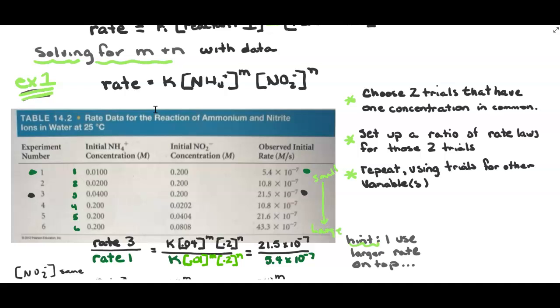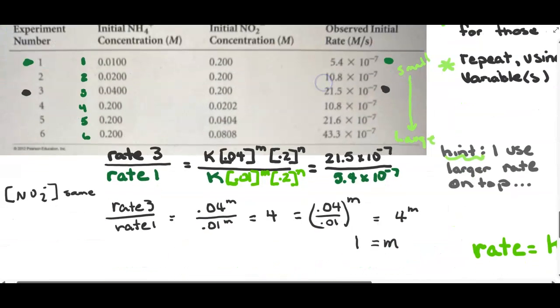Then we're going to do a complete experiment, let that run, and we're going to say that we see the change in molarity, moles per liter per second, as 5.4 times 10 to the negative 7. And so we just keep running 6 different experiments where we keep changing one concentration or the other, and we organize it in a table.